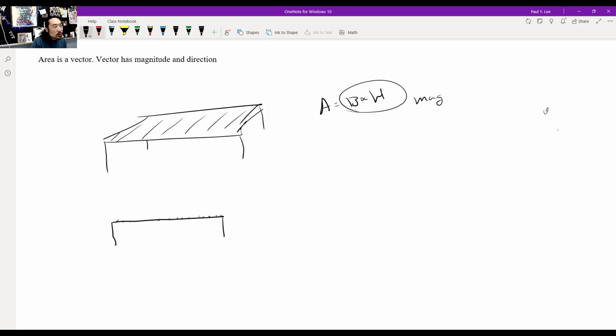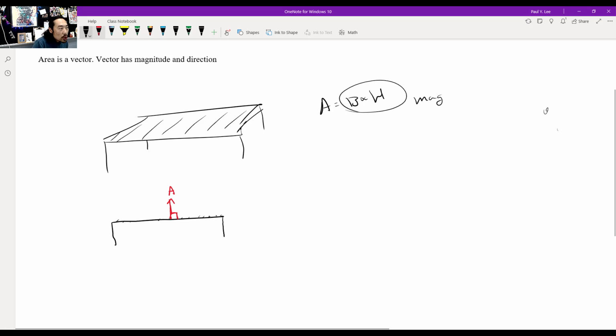If I were to draw the area vector, I would draw it like this. This would be A. I just made A go up. You can have A go down, but the important thing is that it is perpendicular to the opening. To imagine why it's perpendicular, let's say this table is mostly empty space, with just metal bars around the outside.